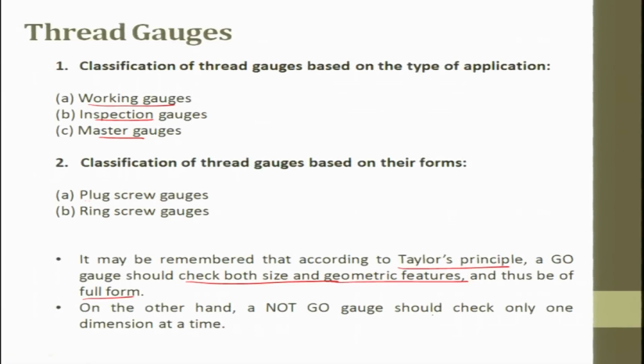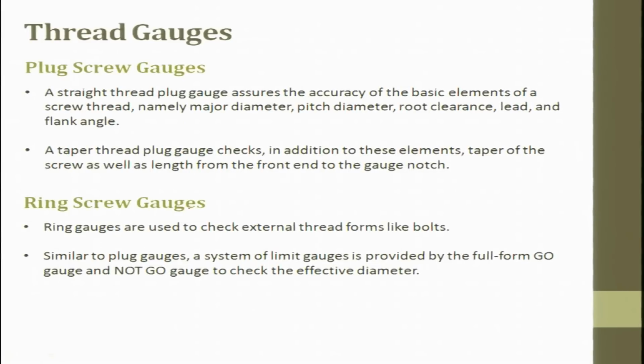A no go gauge should check only one dimension at a time and it will be short. So, you can have working, inspection, master gauge based on the application, and based on the form, it can be plug type and ring type. Plug type means if there is a nut, it is plug type. Both plug and ring can be used here.